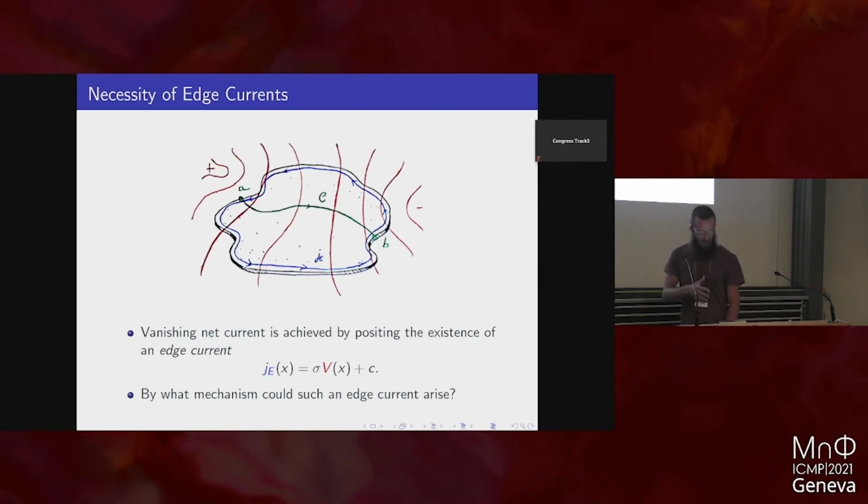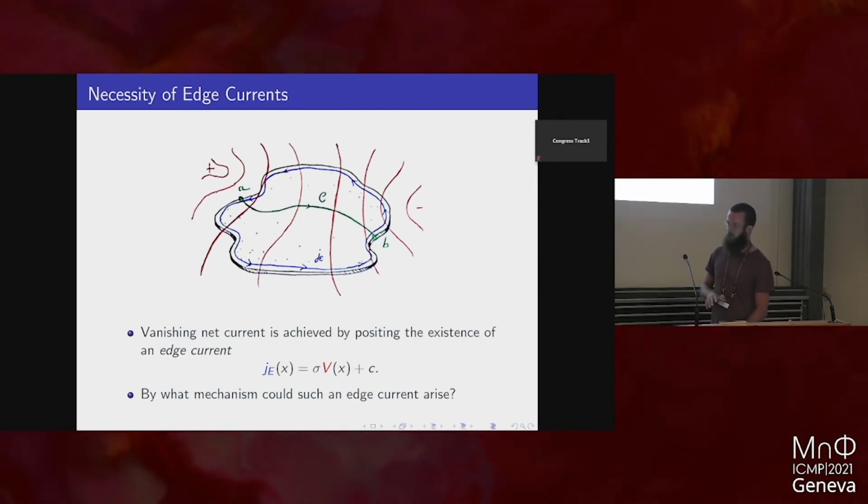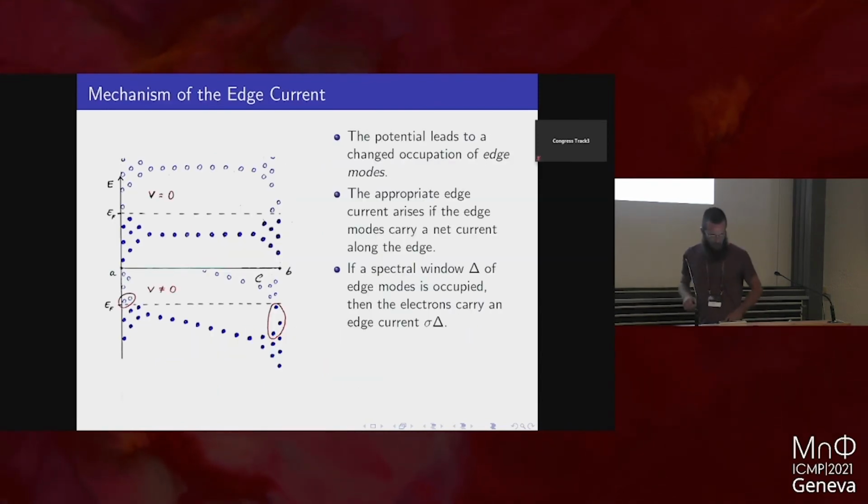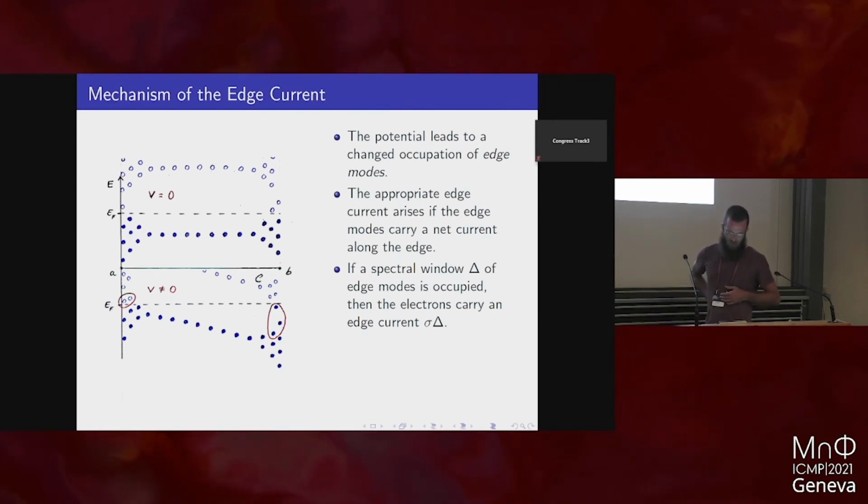So now how should this behave in order to correspond to this equation here? We want that if some spectral window of edge modes delta is completely occupied by electrons, then these electrons carry an edge current proportional to the Hall potential and the size of the energy window occupied.